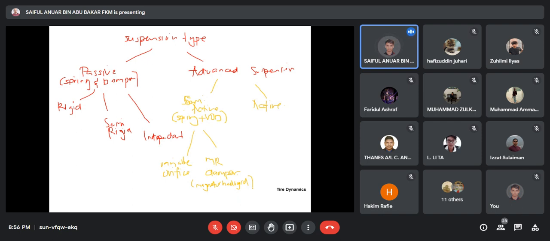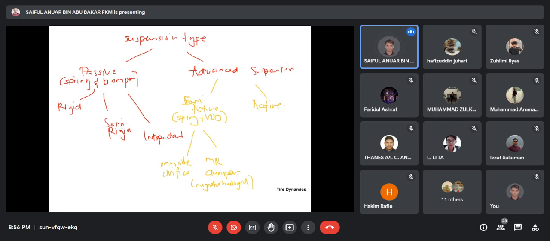And the switching of the magnetic field on and off is going to create the condition of high damping coefficient, low damping coefficient, and keep on switching depending on the condition of the road profile. And this is being controlled by the electronic system, with the control system that was already demonstrated to you in class.